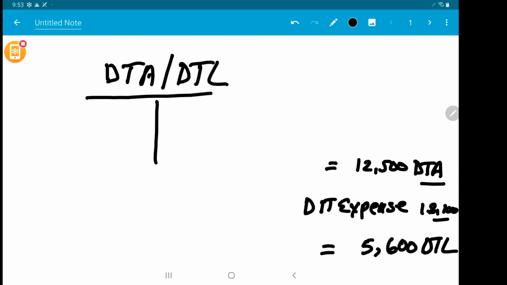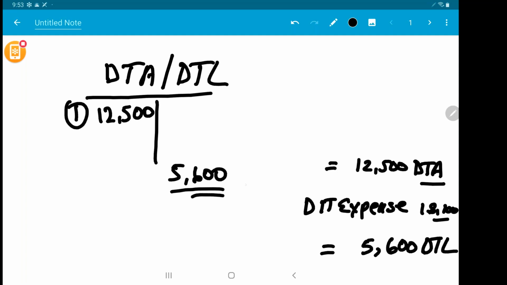So number one, we were given 12,500 DTA, and we were given a 5,600 DTL, and this is where you have to end off. So to go from 12,500 to 5,600, what you need over here is 18,100 of a DIT expense, and that's your answer.